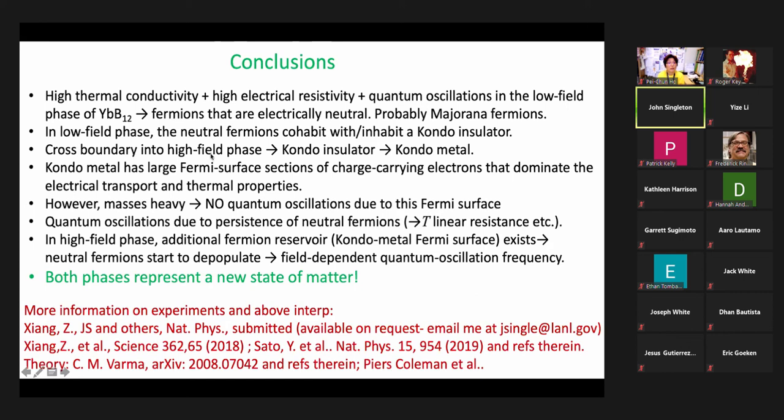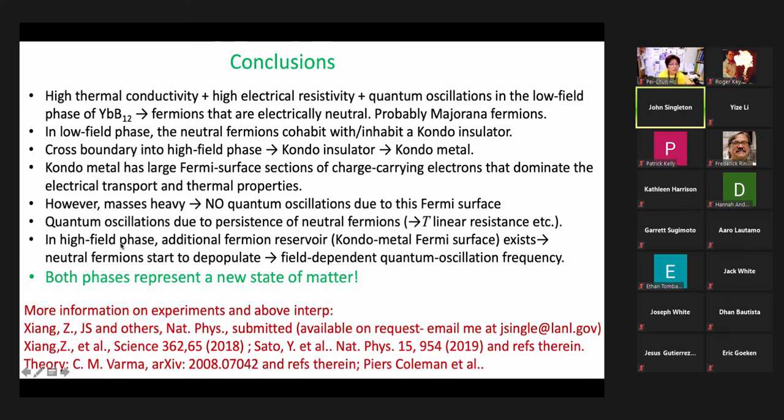We then cross the boundary into the high field phase, the gap closes, the Kondo insulator becomes a Kondo metal. The Kondo metal has a large Fermi surface, and it's made up of charge-carrying electrons with heavy masses. They dominate the conductivity and the thermal conductivity. But we get quantum oscillations due to the persistence of the neutral fermions, and that also gives us this linear in T resistance.